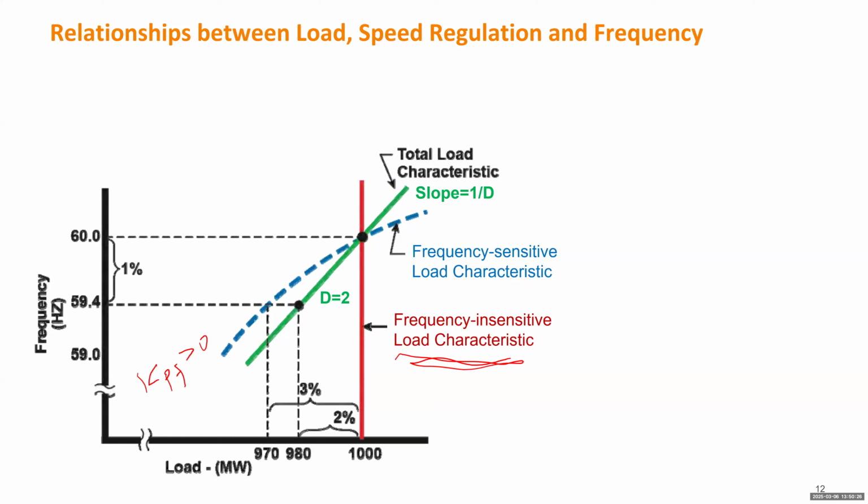D equal to 2 means for 1% of frequency change, the load change will be 2%. So if the frequency is exactly 60 hertz, the load will be 1,000. If the frequency drops by 1% to 59.4 hertz, the load now becomes 980 megawatt. So that would be the green line.